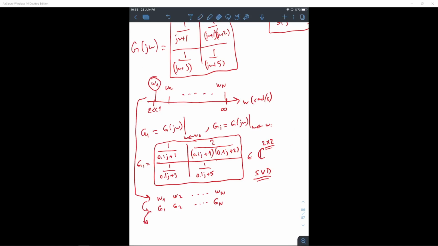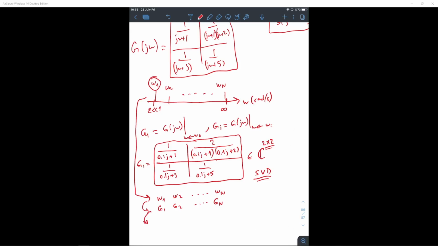So we could have just drawn, for example, let's say this is the sigma 1 omega plot, right? And this is going to be like this, sigma 2 omega, right? So we only need sigma max, is what I'm saying, okay?